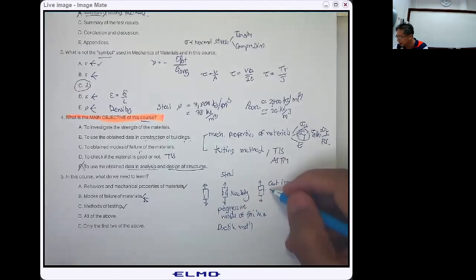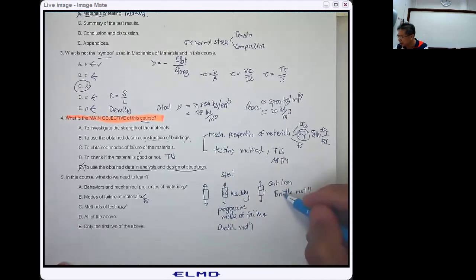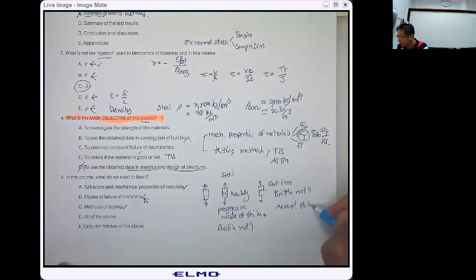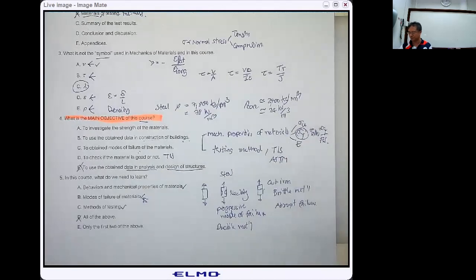Okay, but the cast iron is a brittle material. So the cast iron will have abrupt failure. Okay, and then the answer is going to be all of the above. Okay, not only the first two.